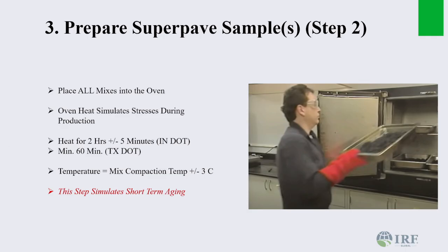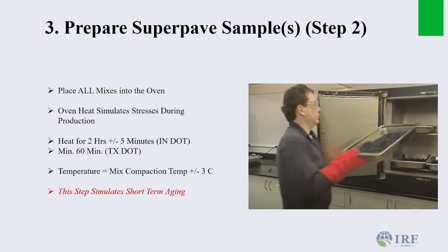Let me say there are mixing procedures. Every state sometimes gives a recommendation on the way you are supposed to mix, the mixing temperature, and all those things have been given.